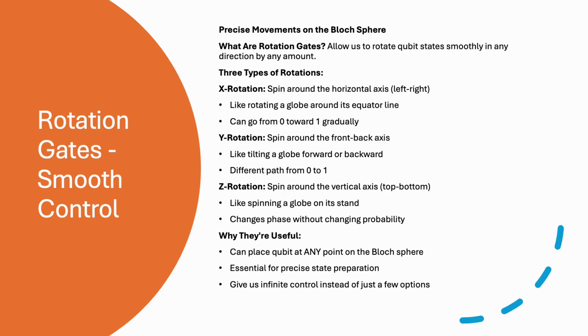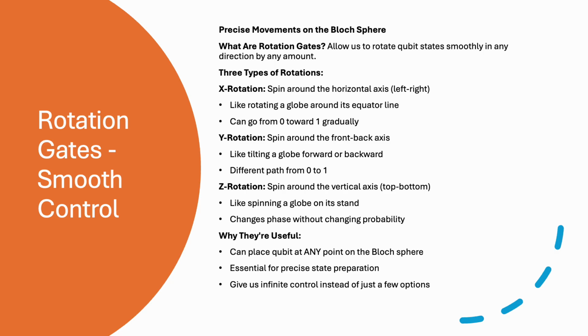The Rx gate, capital R, small x, rotates around the horizontal axis, like rotating a globe around its equator line. The Ry gate rotates around the y-axis, like tilting the globe forward or backward toward you.